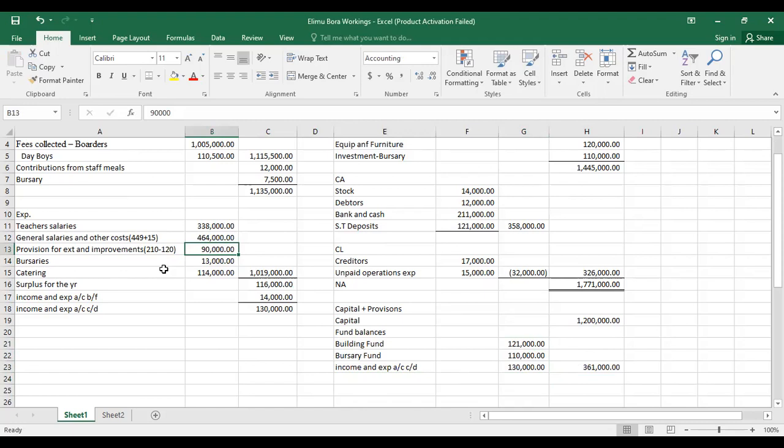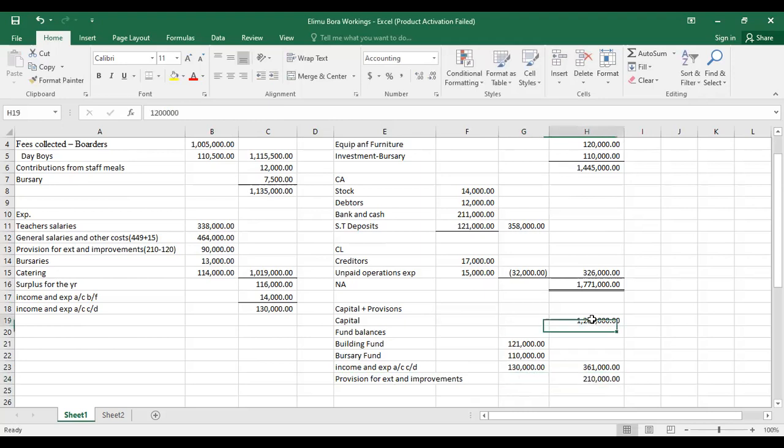It was increased from 120 to 210. So I'm going to pick the 210 because this is the total provision. Allow me to copy that in the interest of time. So this will give me 210.